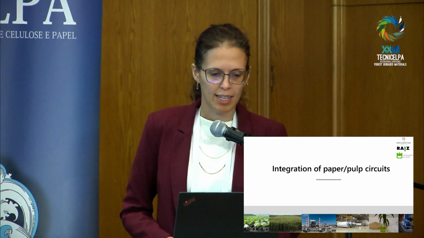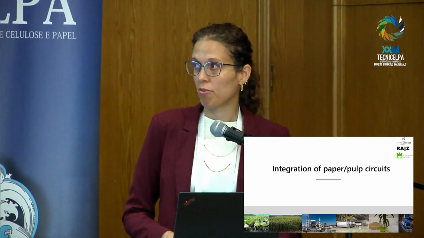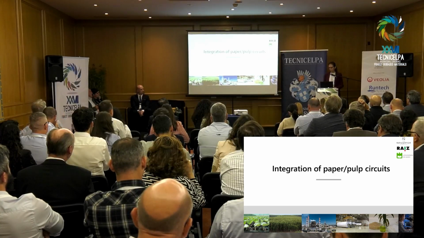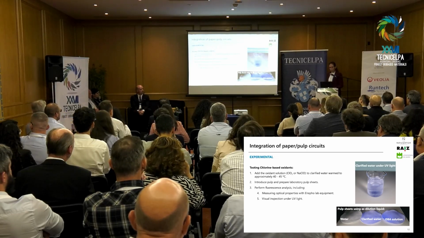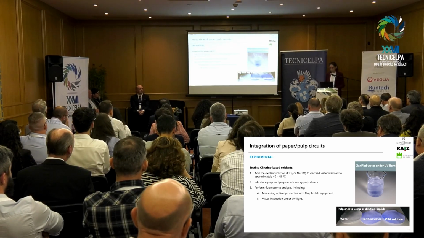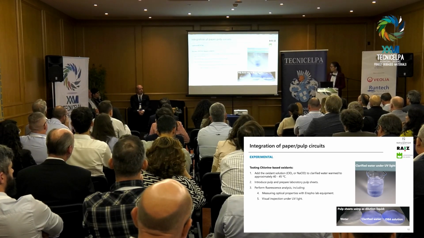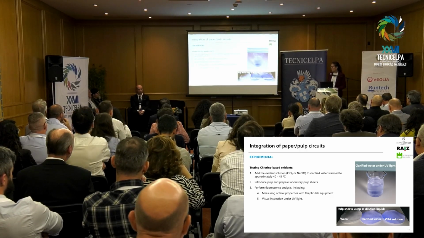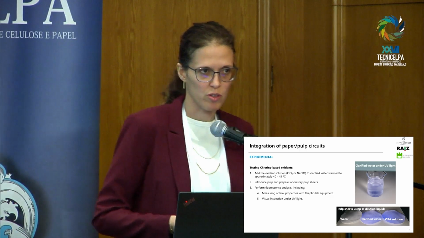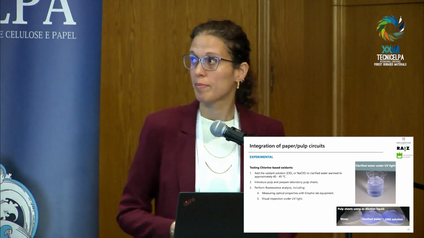For the second part, which is the integration of paper water into the pulp circuits, we tested chlorine-based oxidants first. So chlorine dioxide and sodium hypochlorite in clarified water, so processed water from the paper machine.